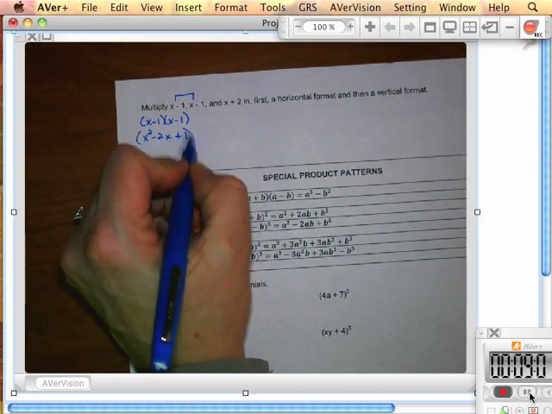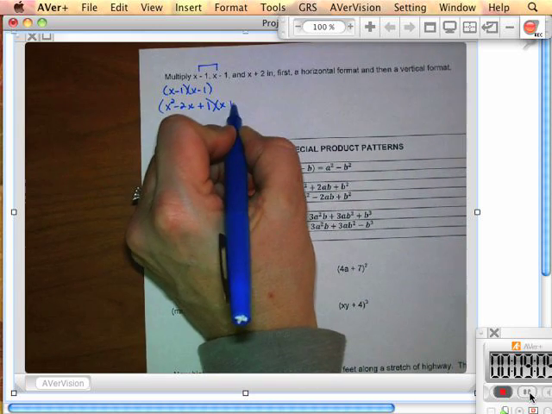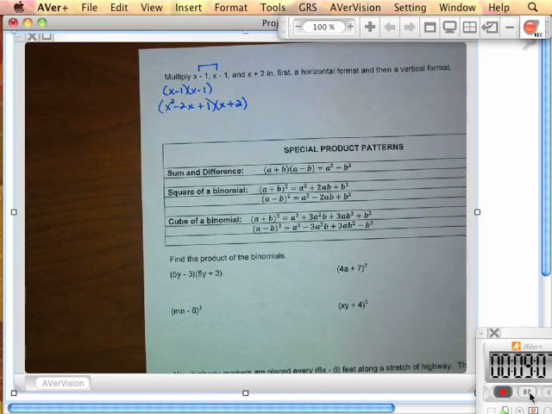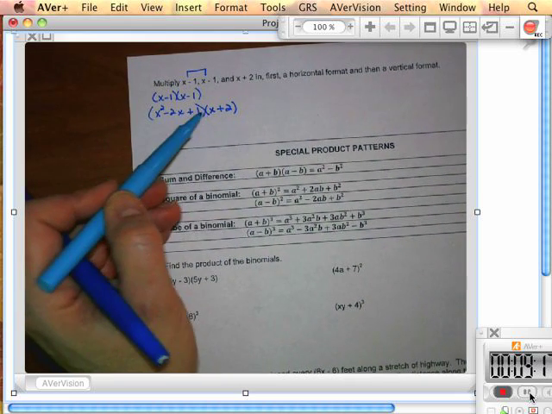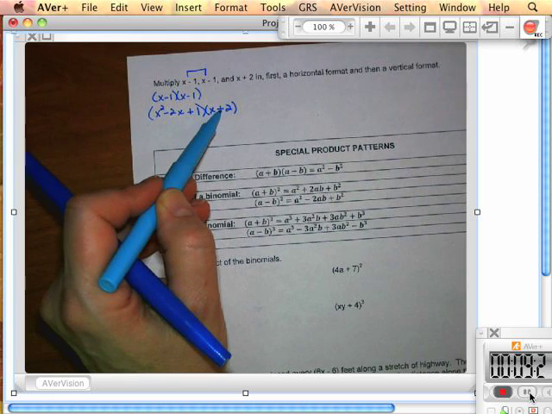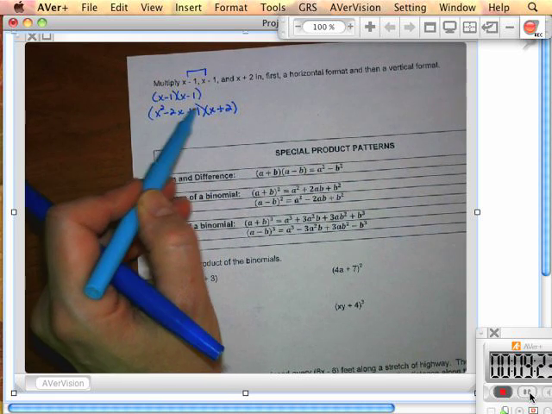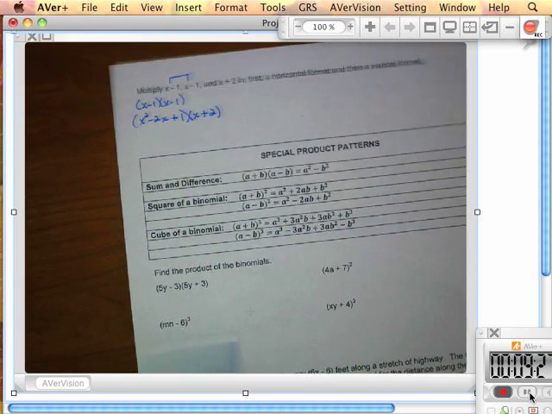Okay, so I multiplied the first two together, and then I got to multiply it by the third binomial. Now this is just like we did on the other side. And you can split it up like we did on the other side. Or you can just say to yourself, all right, I know I got to multiply x times everything in here and add to it 2 times everything in this one. So that's what I'm going to do this time. I'm going to do the x first.